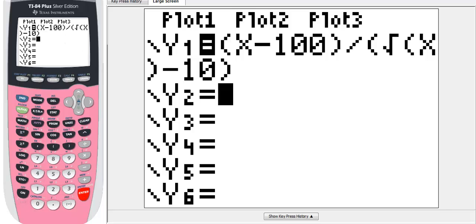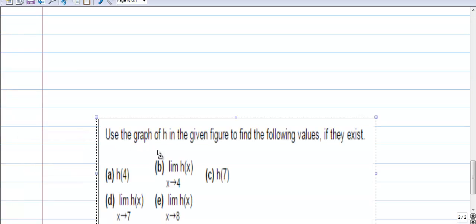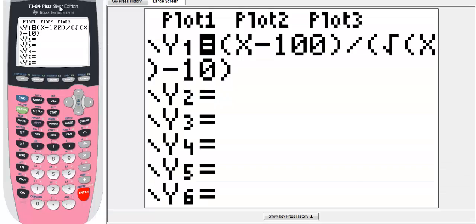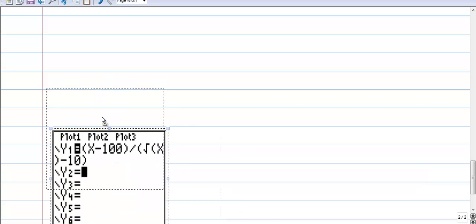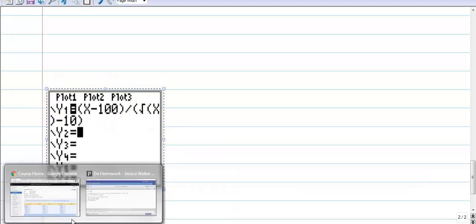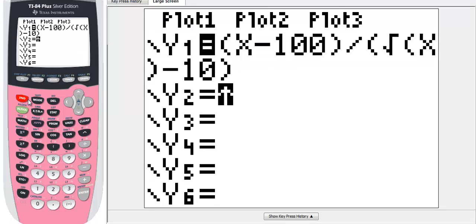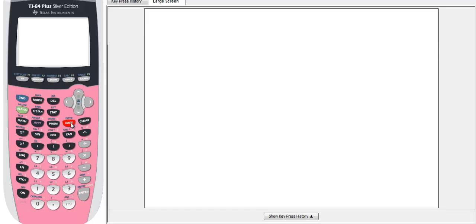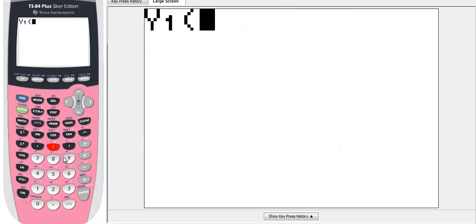What's going to be a little bit easier about this one is, what does it want? Round to 4 decimal places. So to get it exactly, I'm going to come back out here and do my Vars, Y-Vars, and plug in 99.9.